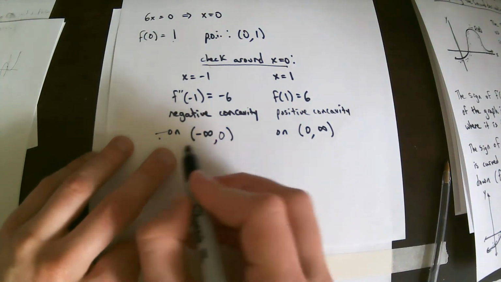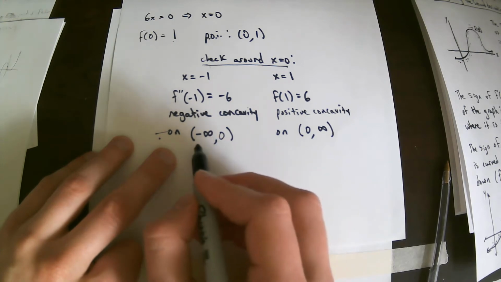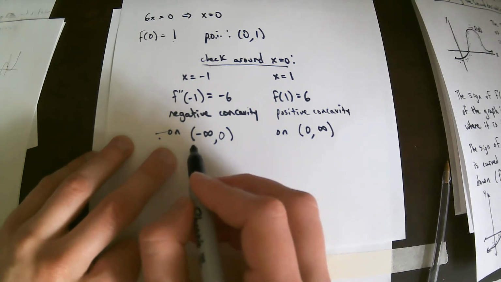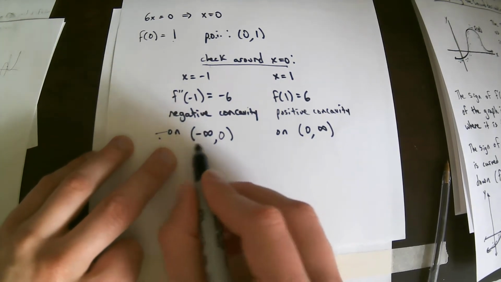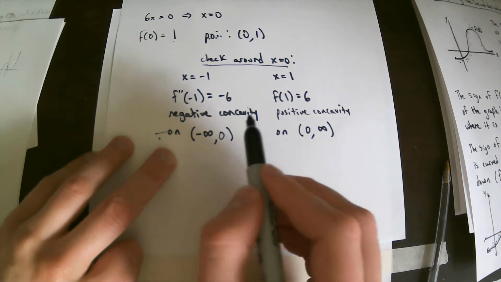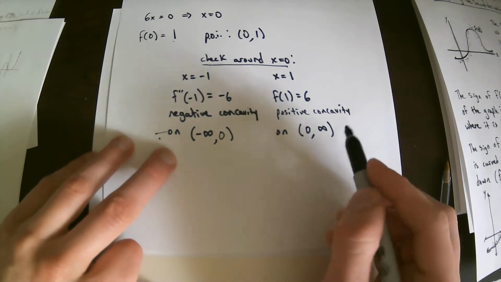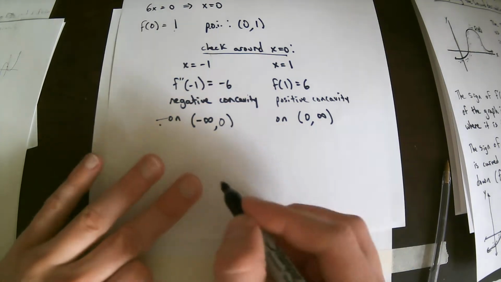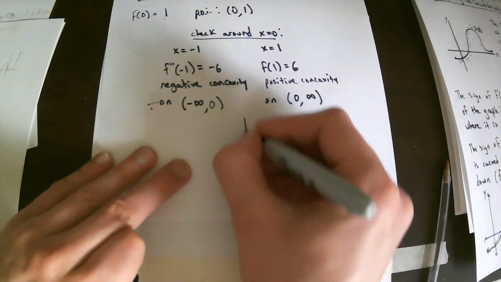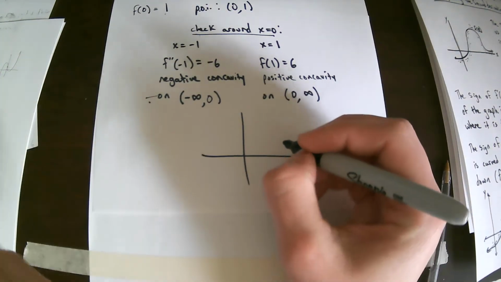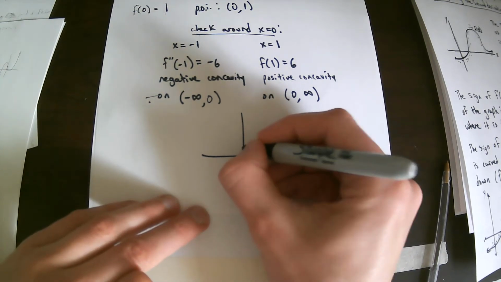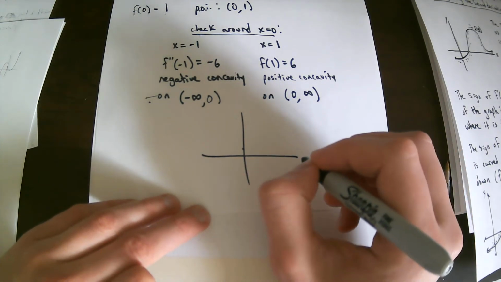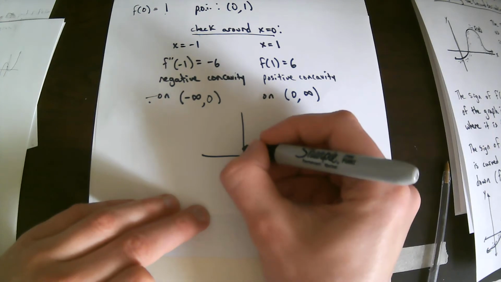So this is the set of x values where I have negative concavity, and this is the set of x values where I have positive concavity. And it splits at 0. So what would this graph look like? It'd be up at 1.